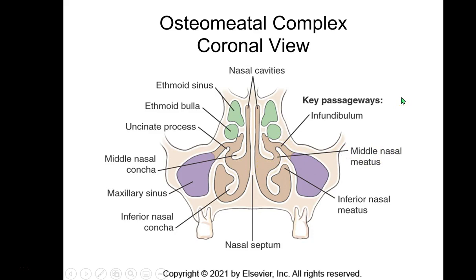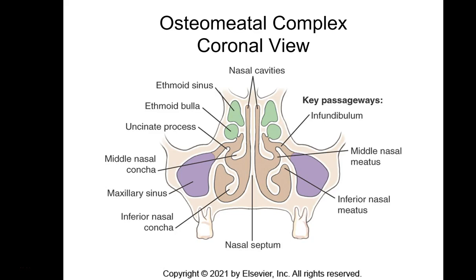The large maxillary sinus drains through the infundibulum passageway down through the middle nasal meatus and into the inferior nasal meatus. The uncinate process of the ethmoid bone, which you can see here and here, makes up the medial wall of the infundibulum passageway.